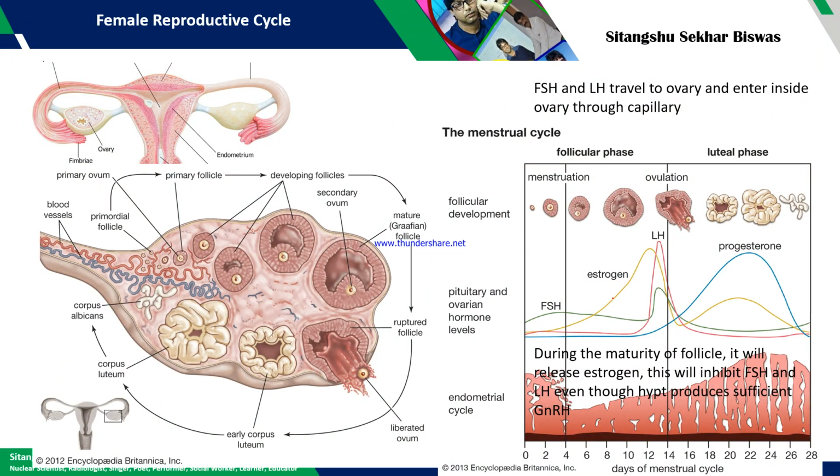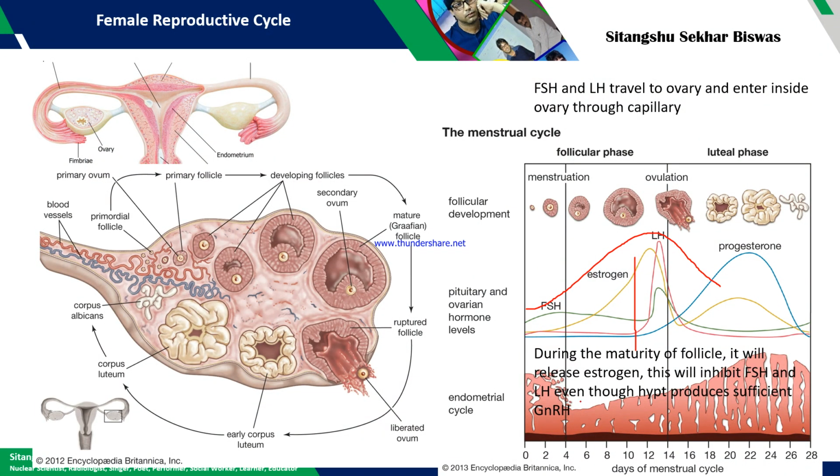So the estrogen concentration also starts to increase, but still, up to around 11 or 12 days, even though your gonadotropin releasing hormone concentration is still increasing, at a certain lower concentration estrogen will inhibit the follicle stimulating hormone and the luteinizing hormone, even though the hypothalamus produces sufficient GnRH.